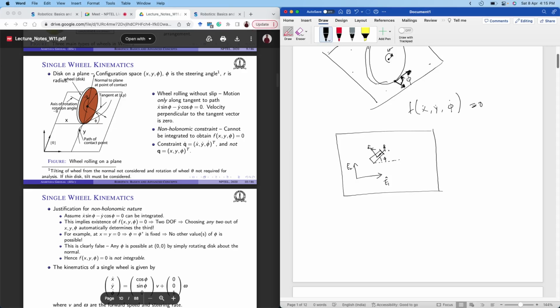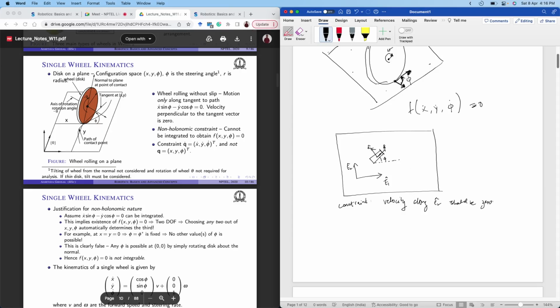And so what is the constraint? The velocity along e2 should be 0.